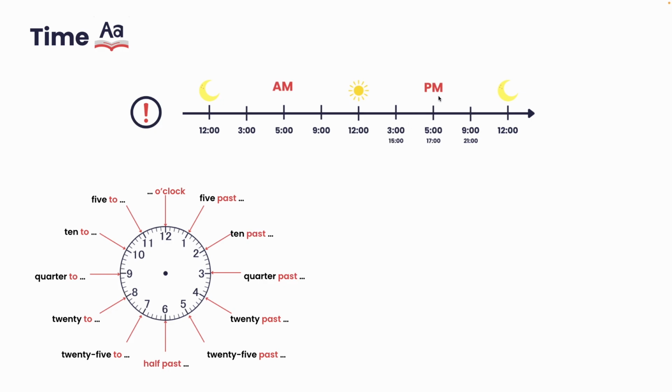3 p.m. PM means after noon. Okay, so this is the noon, 12 o'clock, when the sun is in the highest point over the soil. And after this 12 o'clock, we say every hour is PM until midnight.